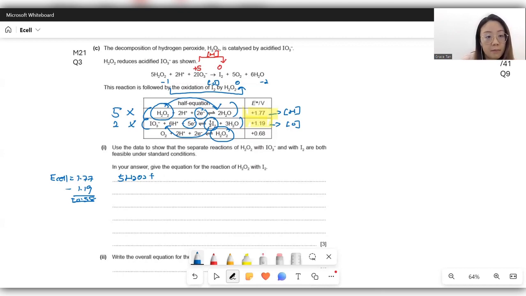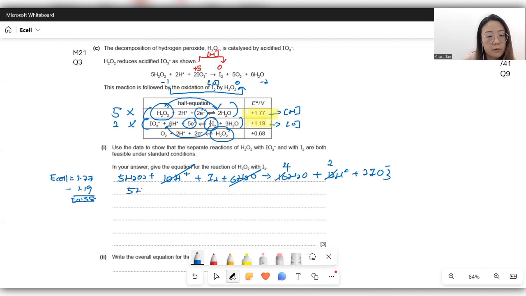So this is the balanced equation. You can simplify this to this version.